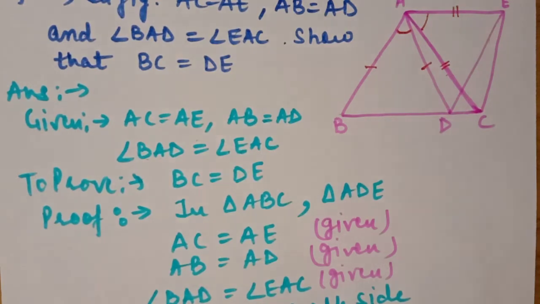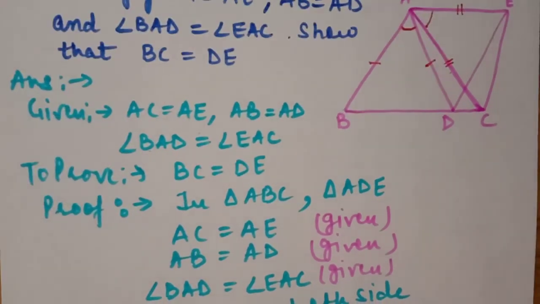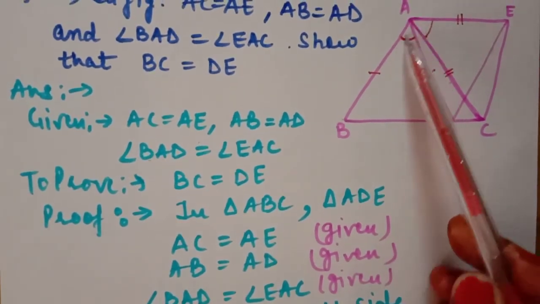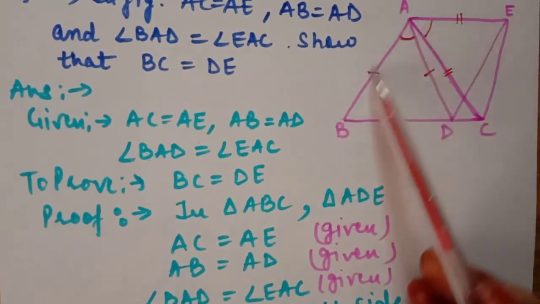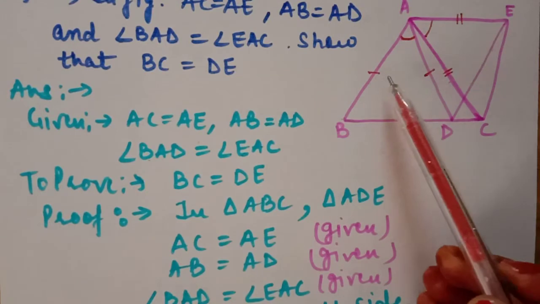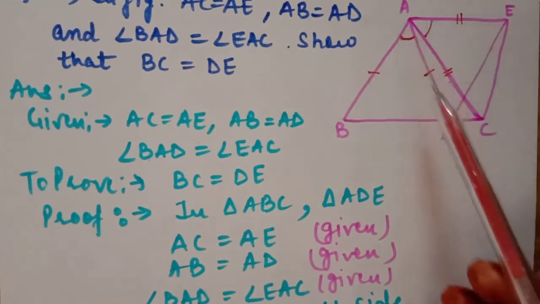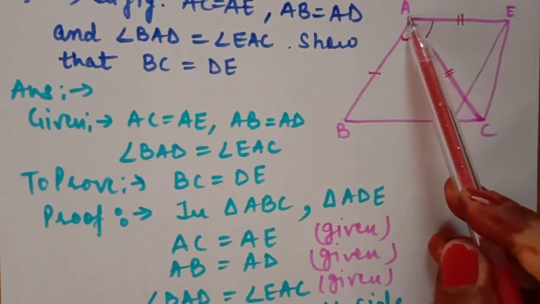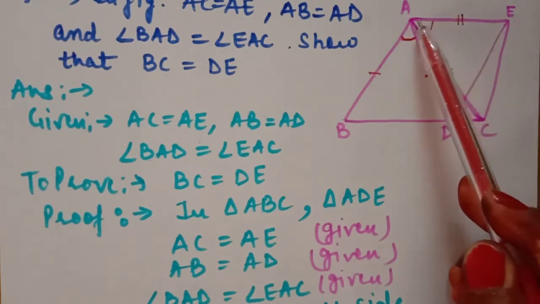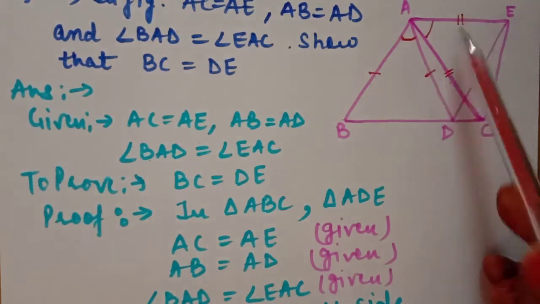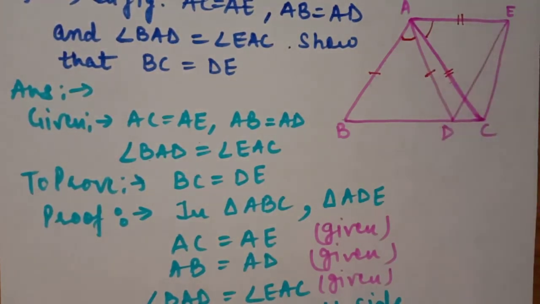So we take triangle ABC as one triangle, in which both sides from the different pairs are present. The second triangle we take is ADE, in which the remaining sides of the two pairs are present. So we took ABC and ADE.